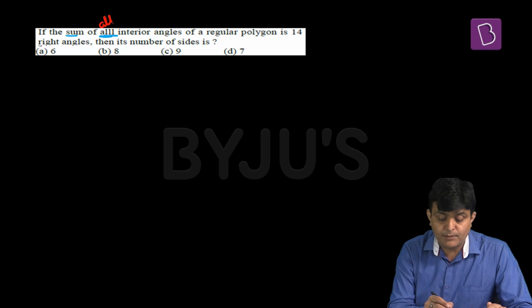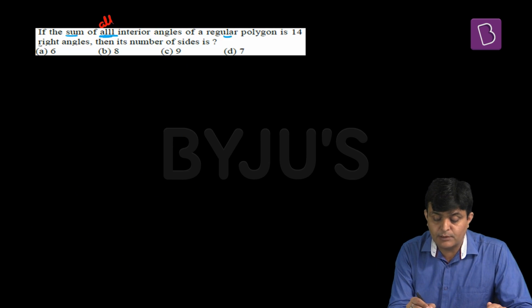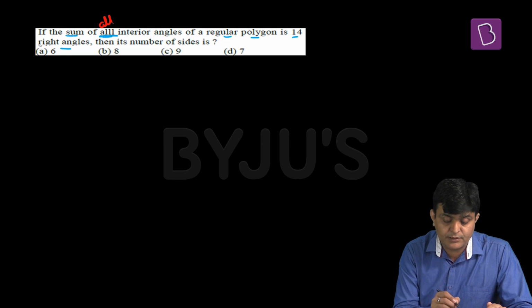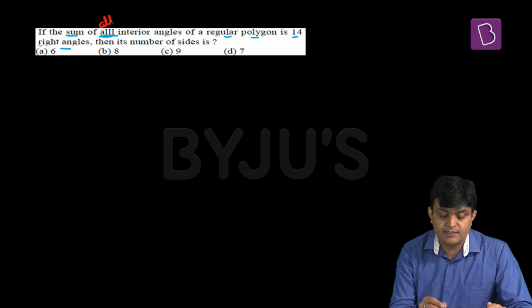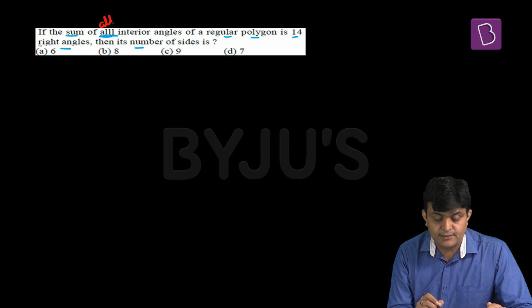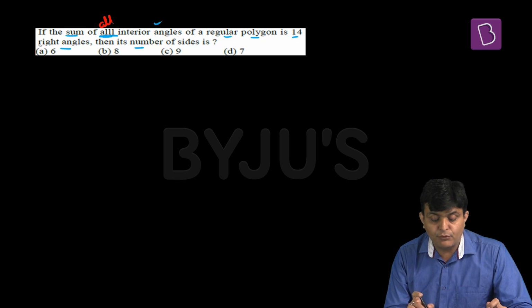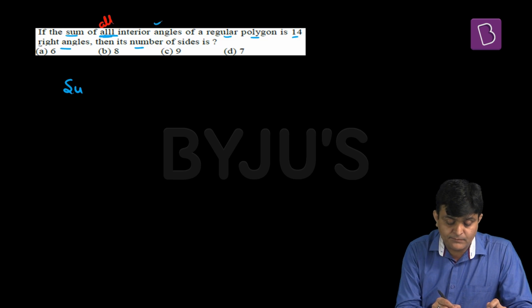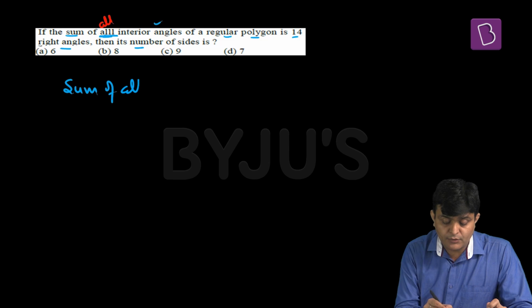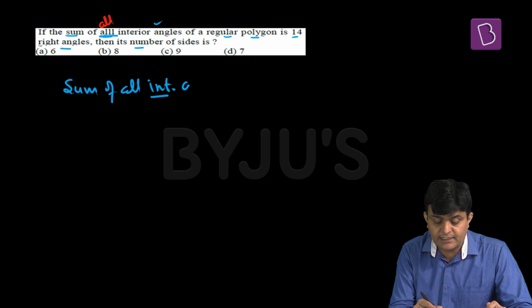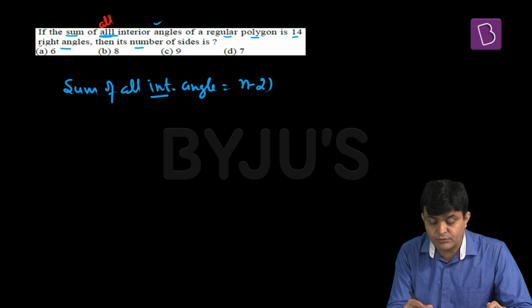Next example is, the sum of all interior angles of a regular polygon is 14 right angles, then find its number of sides. We know that the sum of all interior or internal angles is equal to (n minus 2) into 180, that is 14 into 90.